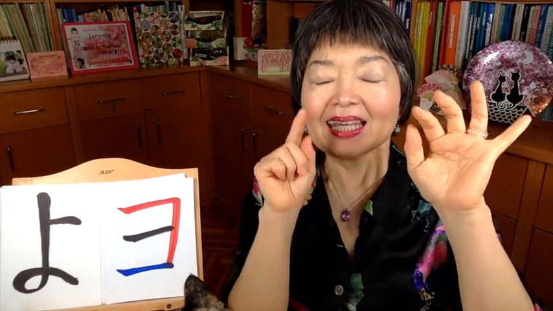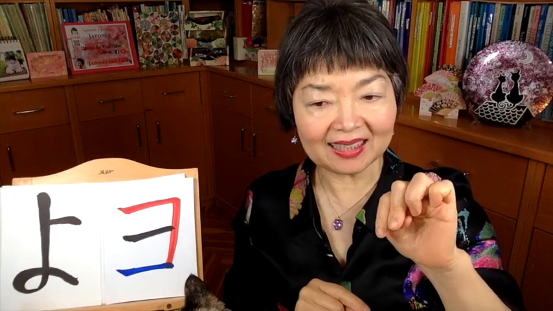These small letters, ya, yu, yo, can only go after certain letters: ki, shi, chi, ni, hi, mi, ri.